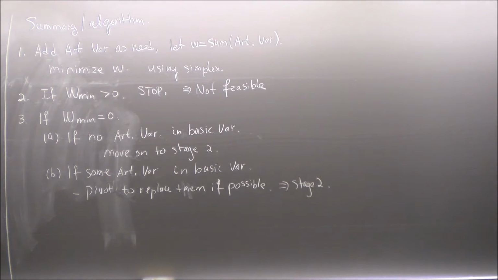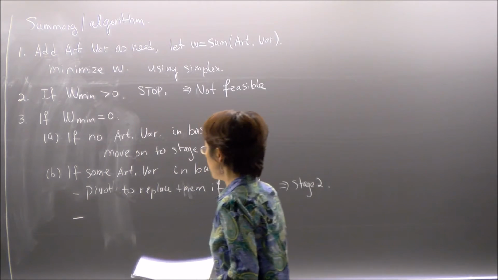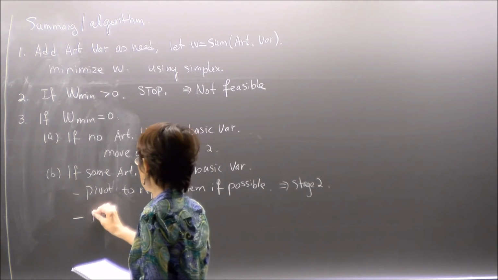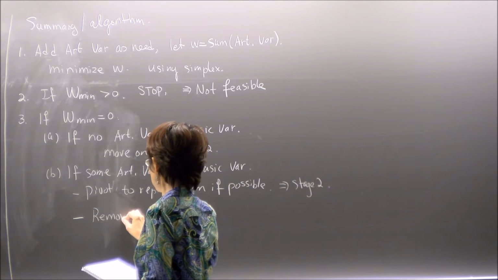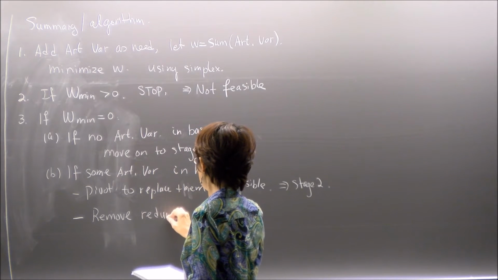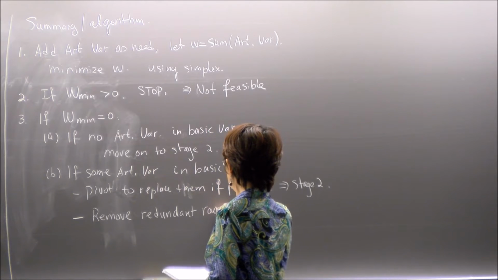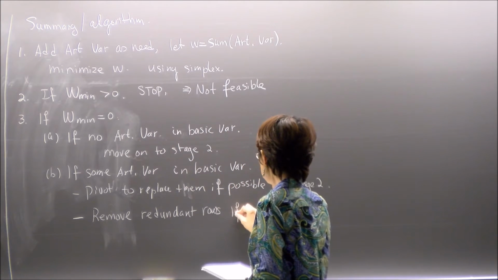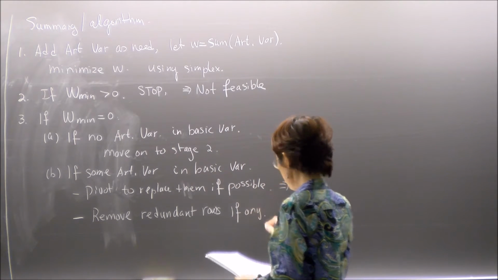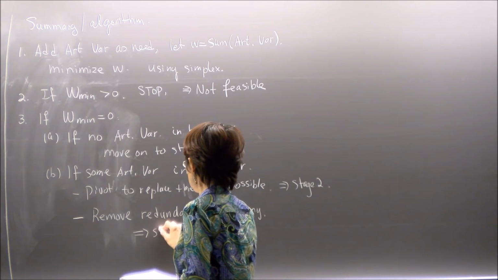You're in canonical form. And if there is redundancy, then you have to remove those equations. So remove redundant rows, if any. Okay? And then you move on to stage 2.